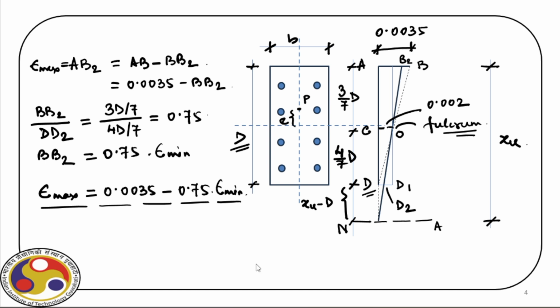Now, from this diagram, what we can notice is that there can be multiple possibilities. Obviously, this XU can be less than this D, that is the cross section. In that case, it is well within the cross section. So let us first identify the possibilities. There are actually 4 possibilities.